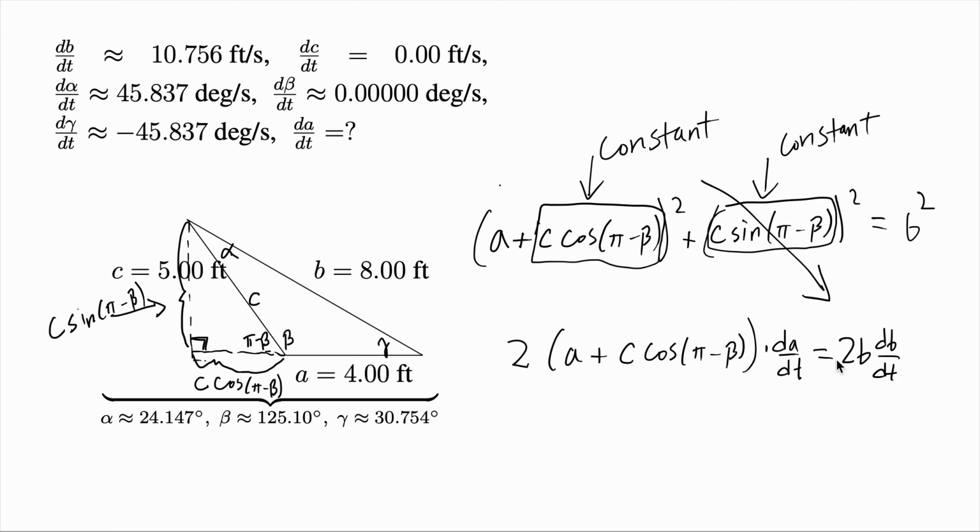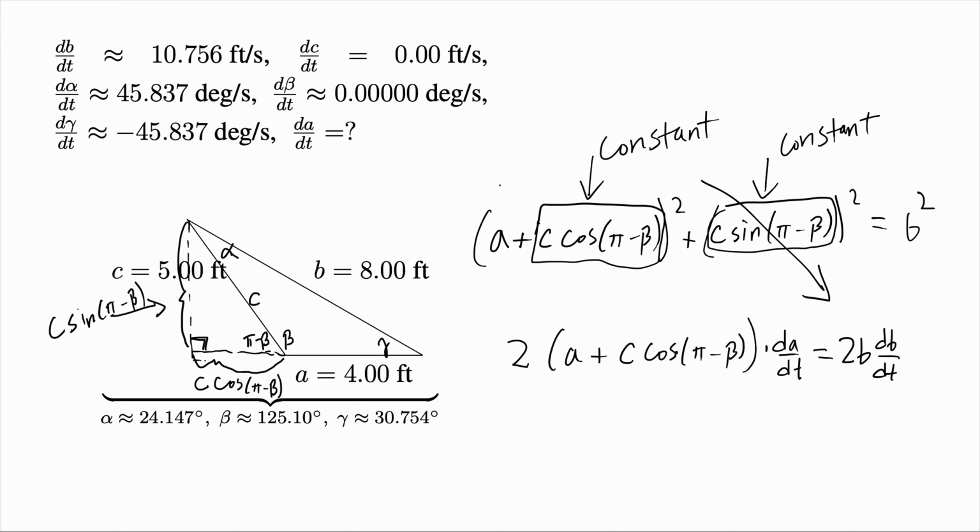So this equation's pretty simple to solve once you plug things in. Now we can start plugging in after we get this derivative equivalence equation. So we can plug in what the particular values are at this moment in time for a, for b, and I guess it's just a for c, for beta, and for b.